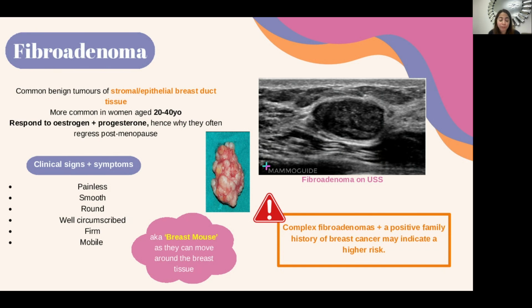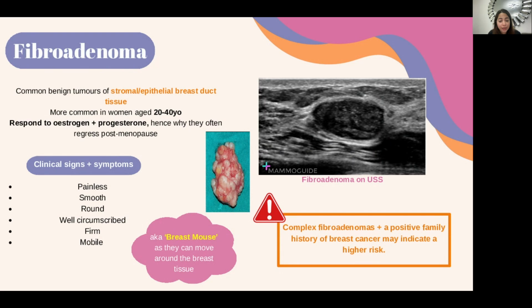A lot of people refer to them as breast mouse because of the shape and being able to move them around in the breast tissue. But it's important to know they're firm, so they're not like the breast abscesses or the cysts that were fluctuant and fluid filled. These are firm, because obviously they are tumours.